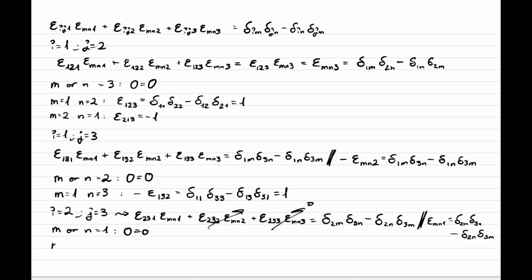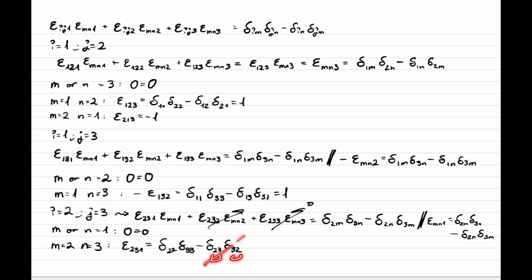And now we are going to check m equals 2 and n equals 3. So in this case we are going to have epsilon 231 equals delta 22 delta 33 minus delta 23 delta 32.